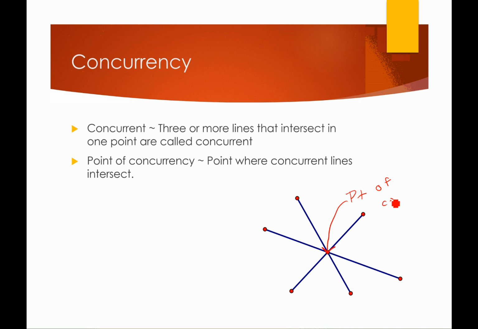So a point of concurrency is where they intersect. These points of concurrency for the different segments that we can draw on a triangle all have special names, and they're all going to have special characteristics, and that's where we're going with this.